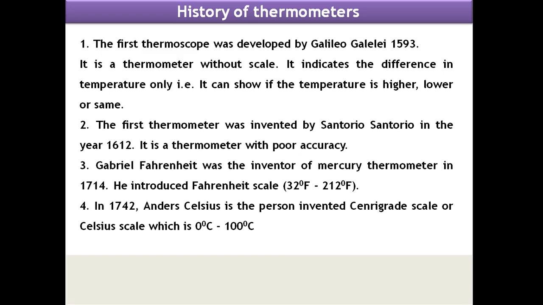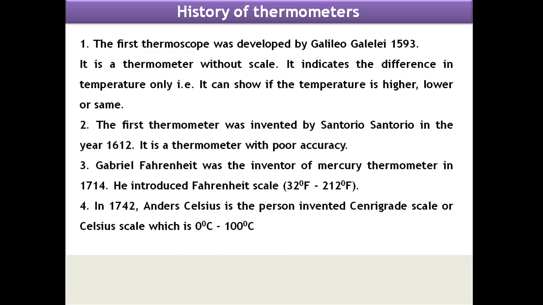Before the invention of the thermometer, thermoscopes were the earliest types of thermometers, and they only showed changes in temperature but did not show numerical values. That means they cannot indicate the exact temperature by number, but they can show the changes in the temperature.